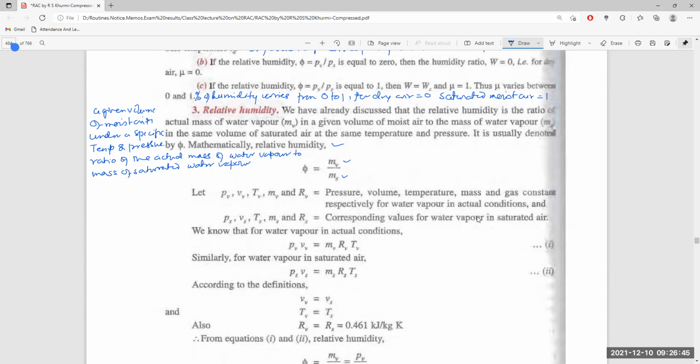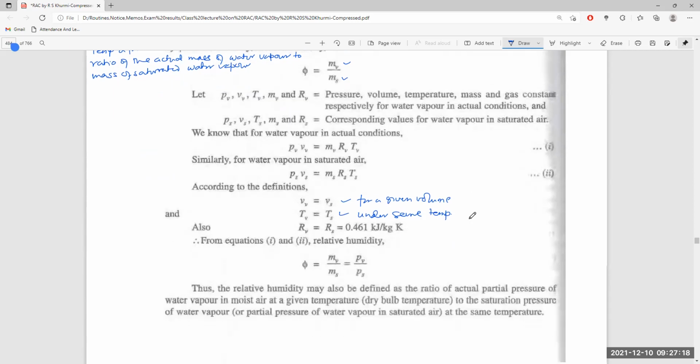According to the definition, the volume remains the same and the temperature remains the same, for a given volume under the same actual temperature and pressure. And from the equation, what will happen?